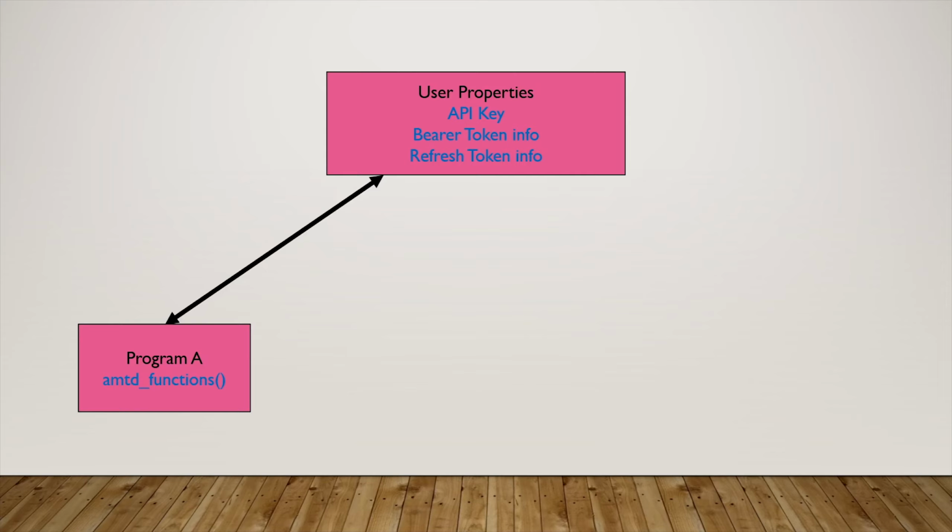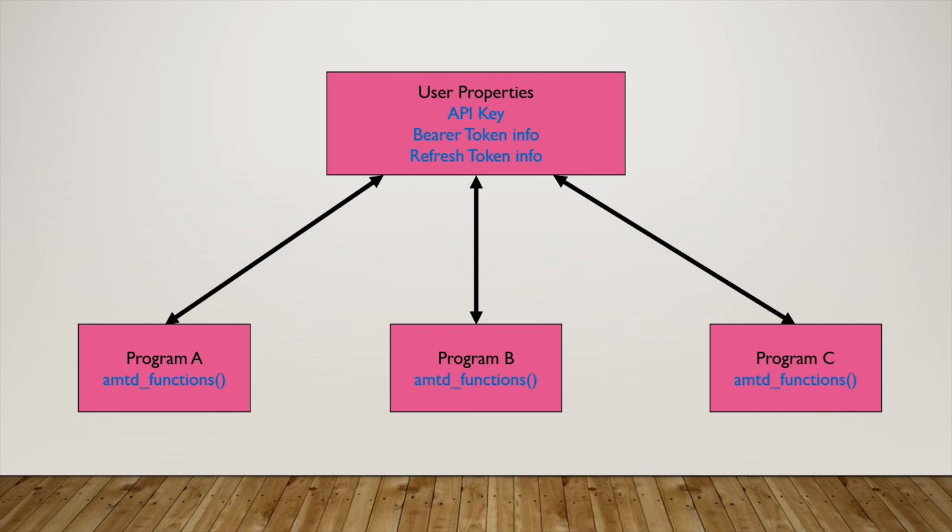With AMTD functions, if we have more programs, like program B and C, you just copy and paste the AMTD functions file over, and you would then access the same API key and bearer token without having to replicate that. Now, bearer tokens and refresh tokens change over time. So if you run different programs at different times of the week, it needs to access the latest token information. So that's why user properties was a good solution.